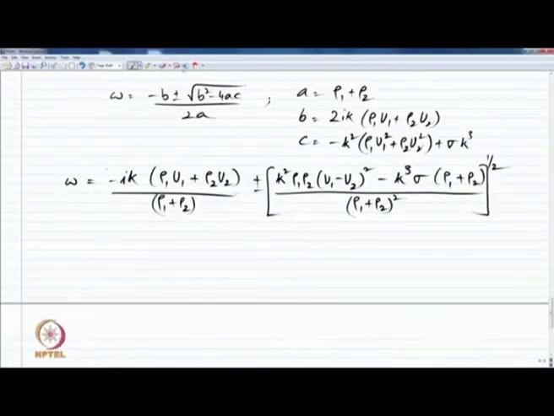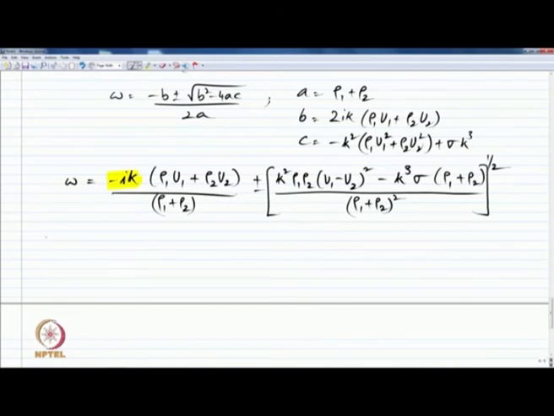So, in this situation, if you notice, the first part here is purely imaginary, which means this part can never be real. All the real part can only come from the discriminant under the radical.